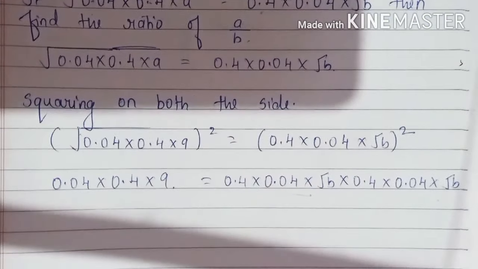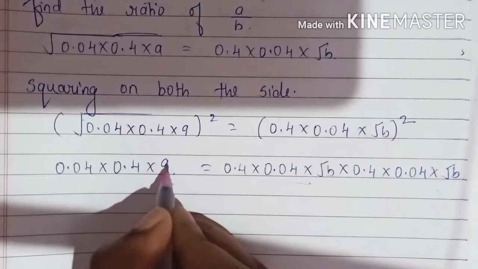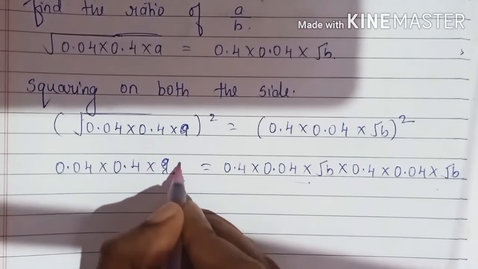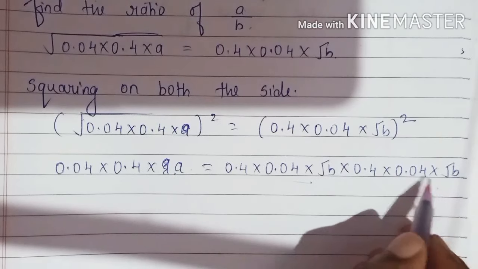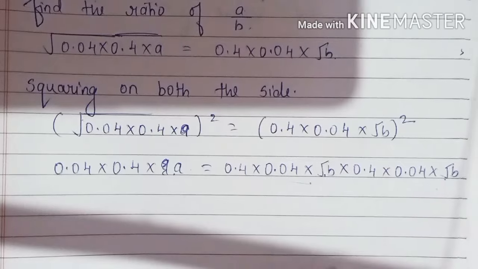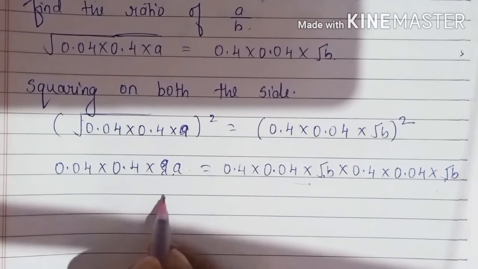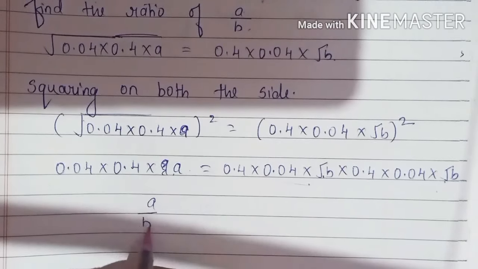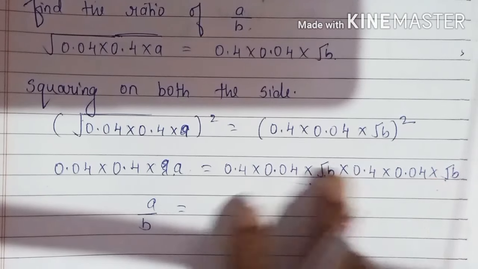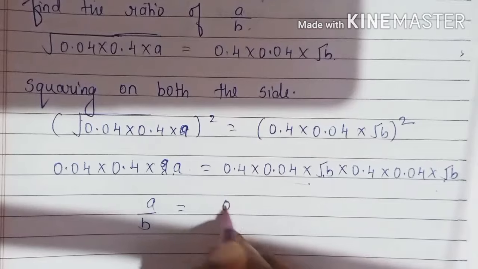Now this root B multiplied by root B is B only. So this B we will take on the left hand side, so this will become division, and this will be A upon B. Beside this B, the rest we have to copy as it is.